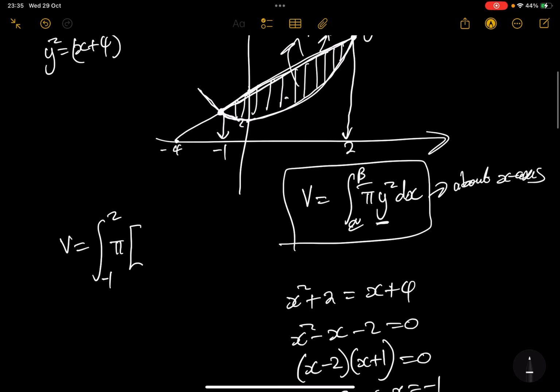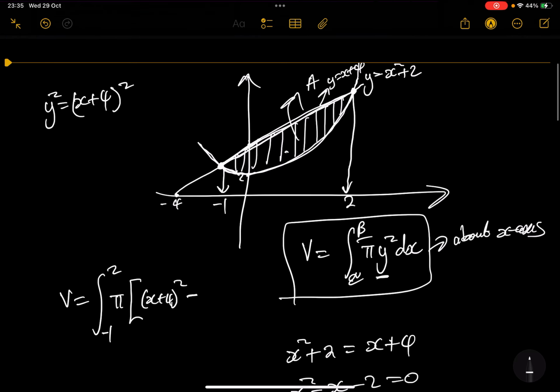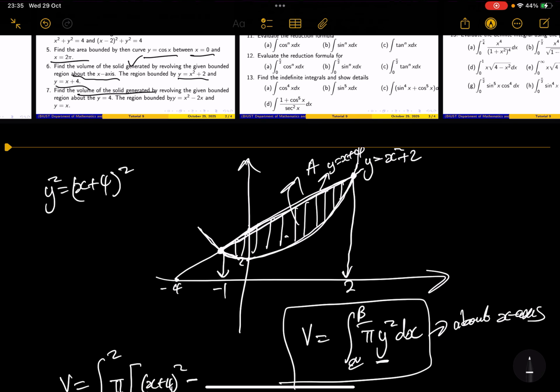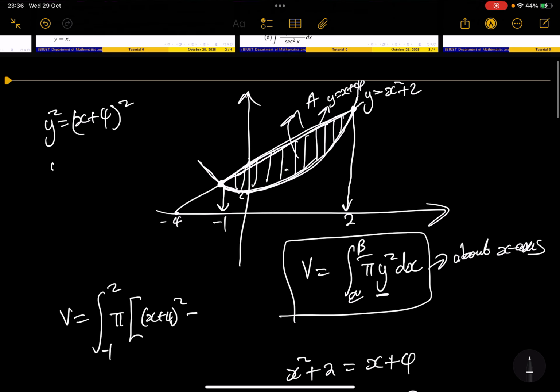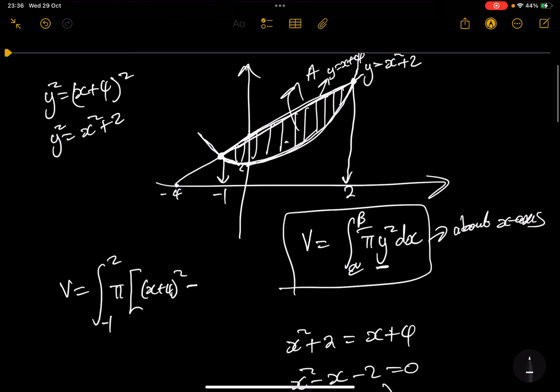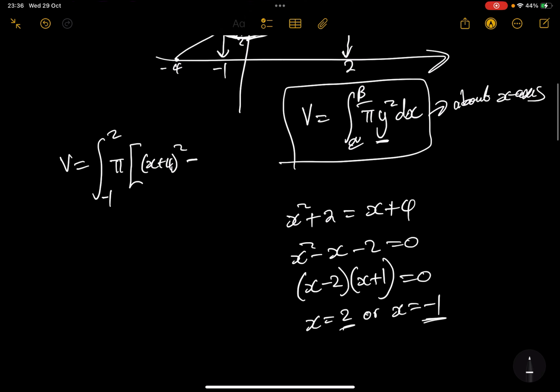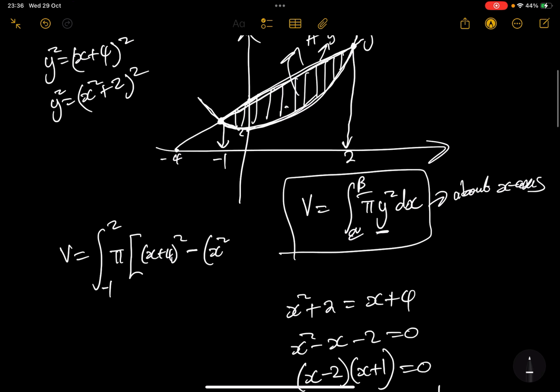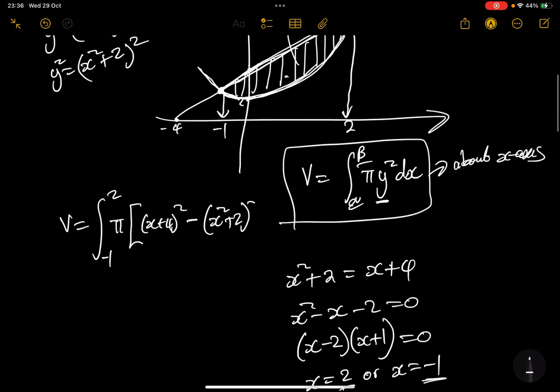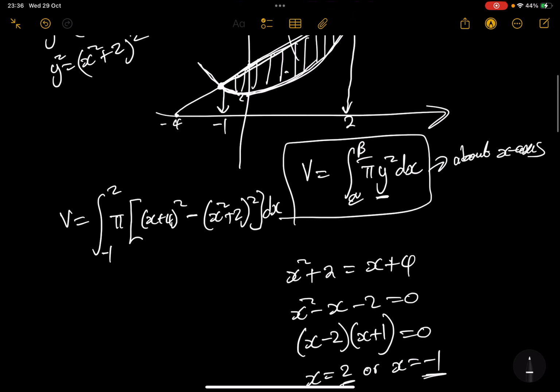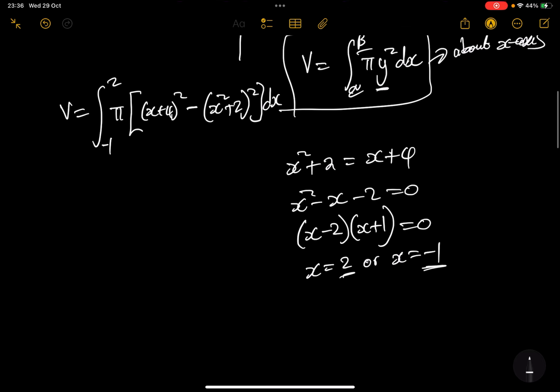So y squared here is (x plus 4) squared, minus the one below, which is the parabola. We know that the parabola is y is equal to x squared plus 2. What is y squared? You square both sides. So this is going to be (x squared plus 2) squared, and then dx.